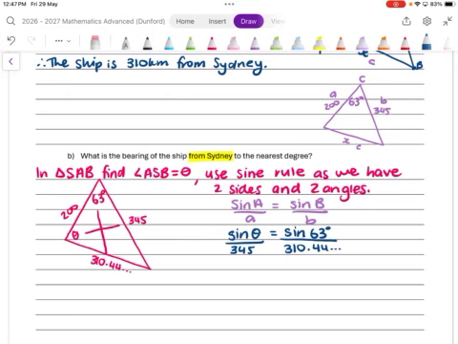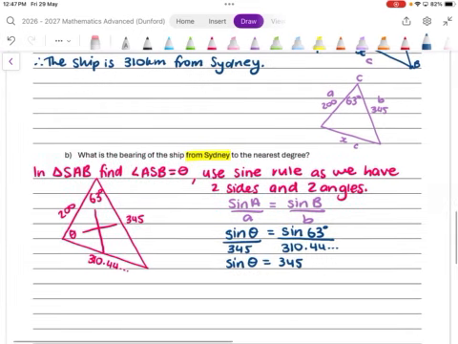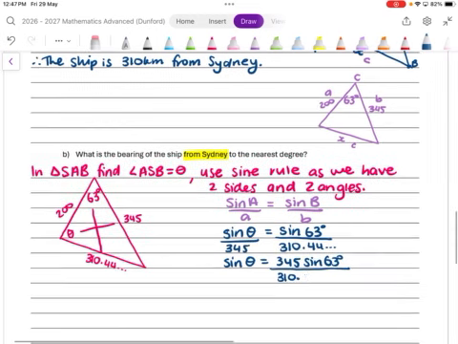Okay, so we never round until the end. This means that sine theta is going to equal 345 sine 63 degrees over our 310.44 dot, dot, dot. Okay, and how we got that was by timesing both sides by 345.